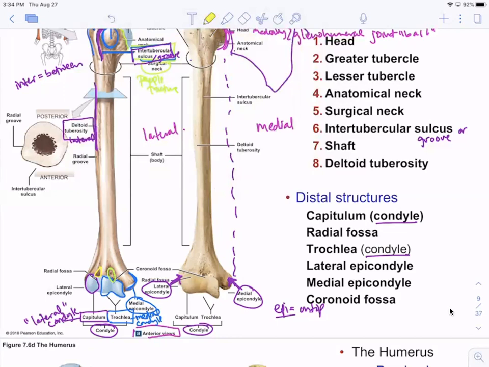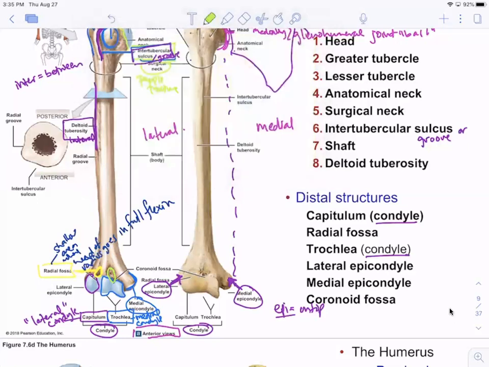The head of the radius has to have a small space to go into, and so that is the radial fossa. So the radial fossa, and I'll write this out, is a shallow area where the head of the radius can go in full flexion.